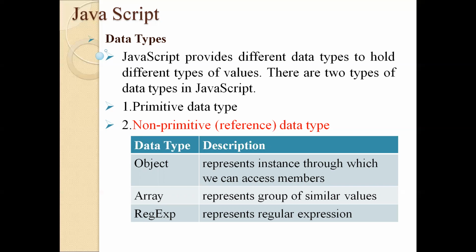And then array, it represents a group of similar values. We all know that an array is a collection of homogeneous elements of the same data type. If there is a data type called integer, and we have 5 or 10 values of integers, then we can store them with int a, int b, int c, and so on. But if there are thousands and thousands of integer values, then it is very difficult to use int a, a1, a2, a3, and so on.